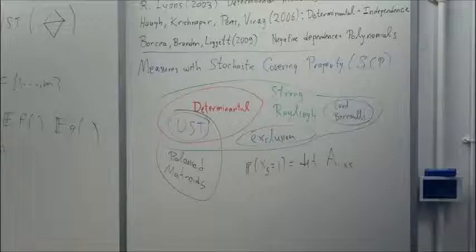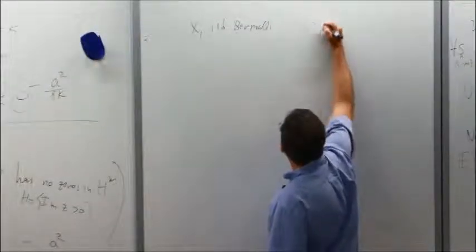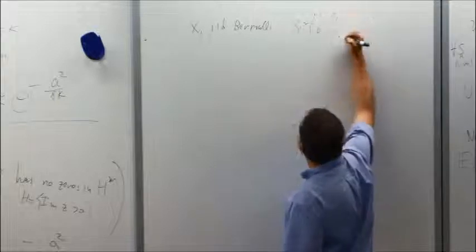I want to indicate the idea of the proof and say something about strong Rayleigh, so I have to move on. Let's recall the case of xi IID Bernoulli. How is the concentration proved there? Suppose that xi is 1 with probability pi.